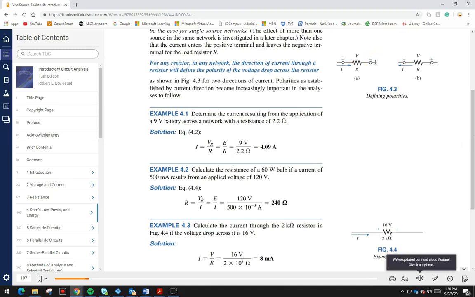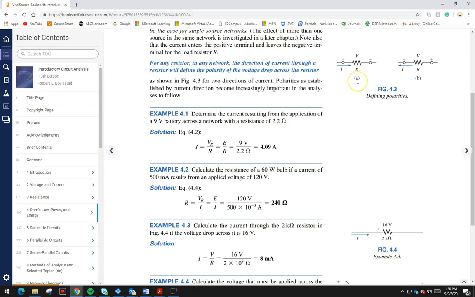Based on our concept of voltage and conventional current flow, we can tell that the current is flowing from left to right, towards the least potential. That's really very important, because the polarity here tells you the direction in which the current is flowing.